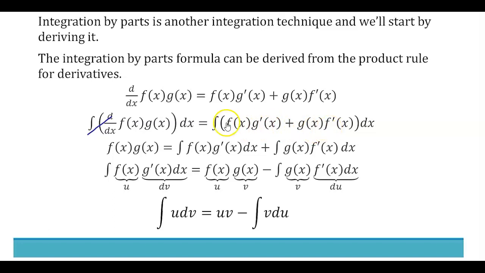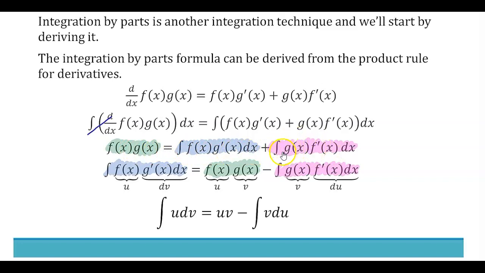On this right-hand side, we can integrate each term separately if we have a sum. So here I have the integral of the first part, f g prime, plus the integral of g f prime of x dx. And from here, we're just going to do a little bit of rearranging. So if we color code things, maybe it will help us see what's happening.